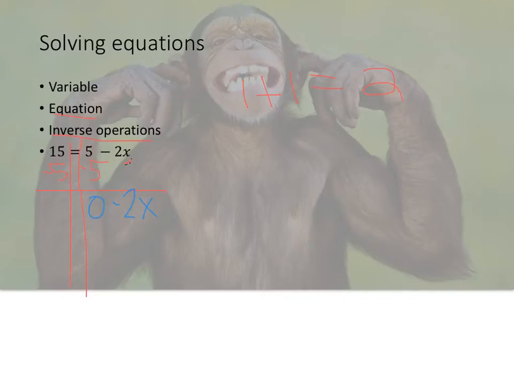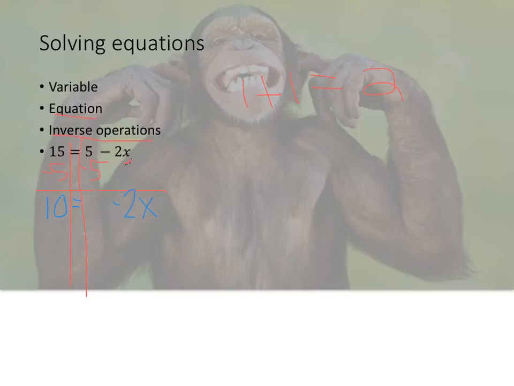And then over on the left side, it's 15 minus 5 is 10. And I'll bring down my equal to sign. So we don't really need to write the 0, but just know that that's what's going on, that we subtracted it to get rid of it. It moved to the opposite side of the equation. Got away from that 2x because it hates the variables.